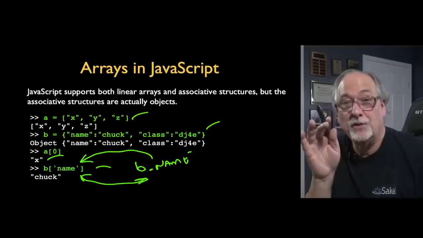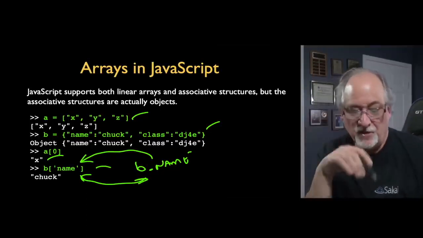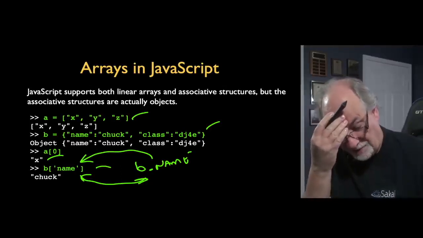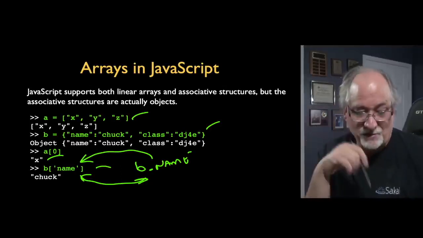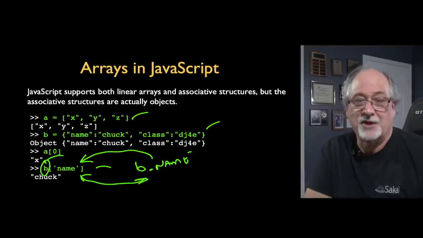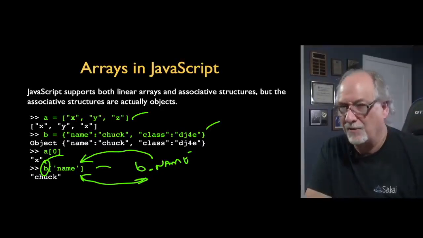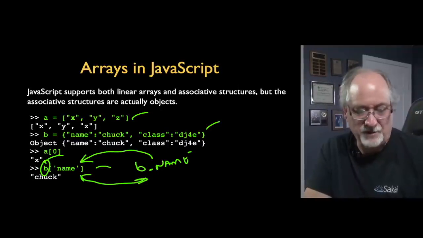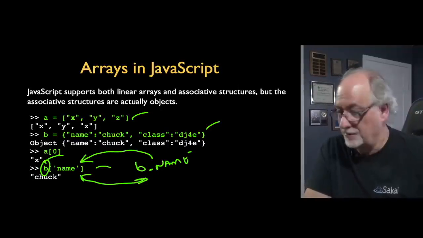Again, they are equivalent, the same thing, even though for every other language that you ever look at, you think those are very different creatures, but not so in JavaScript. It has to do with the fact that b is an object, and objects are the associative structures, but they're even more powerful than associative arrays are in some languages, like dictionaries.